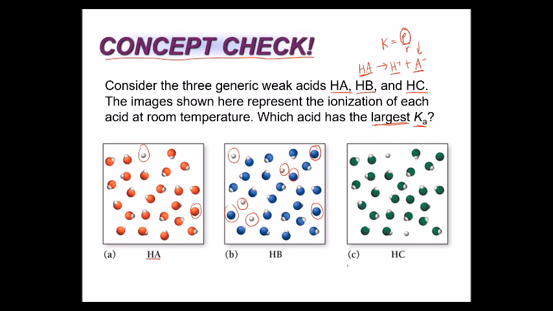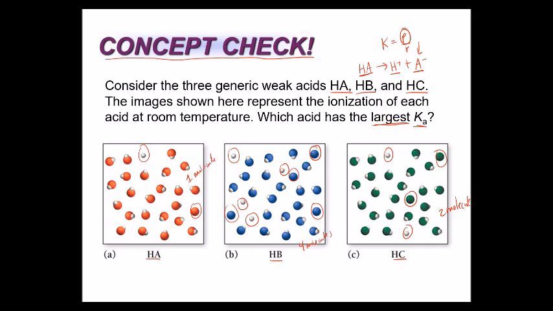And then if we look at HB and HC, we have 1, 2, 3, 4. So only two molecules have broken apart. Here it looks like 1, 2, 3, 4.